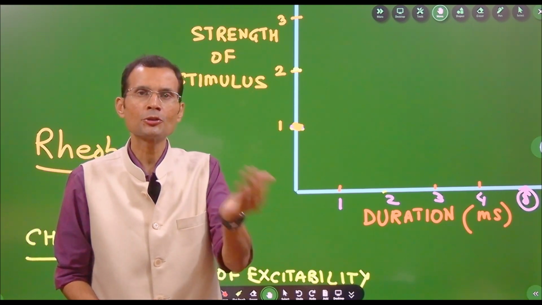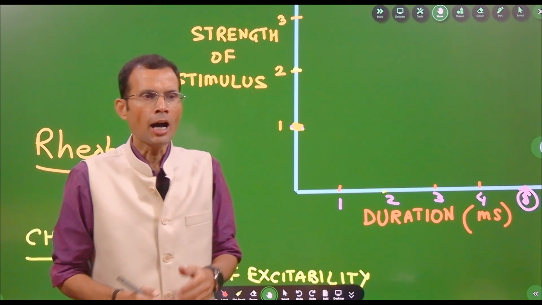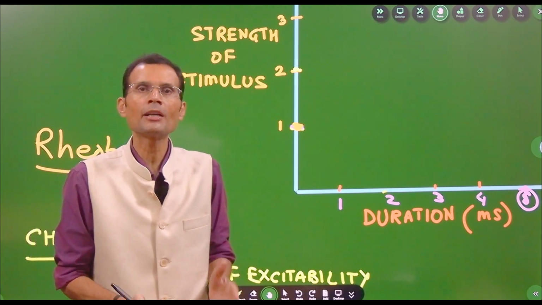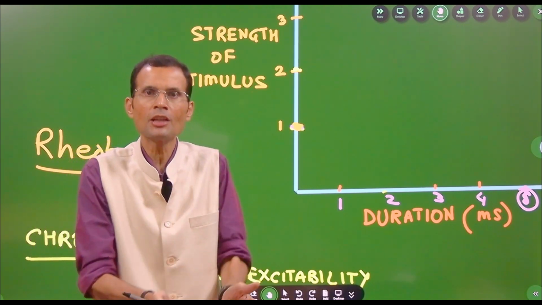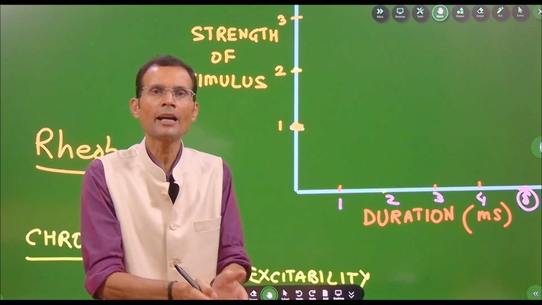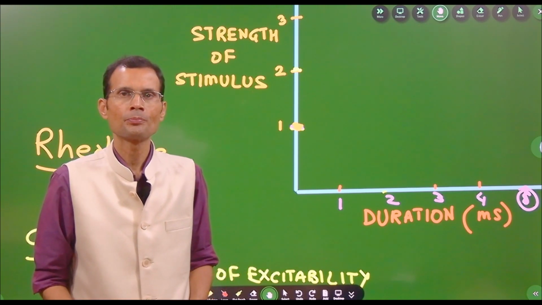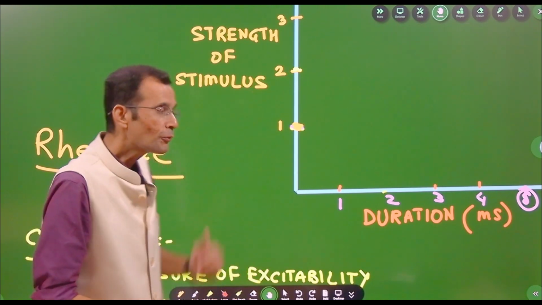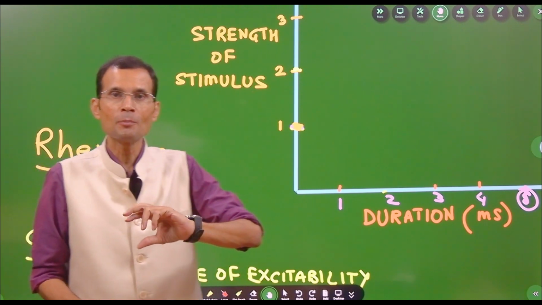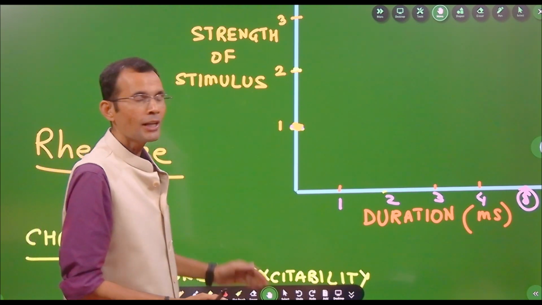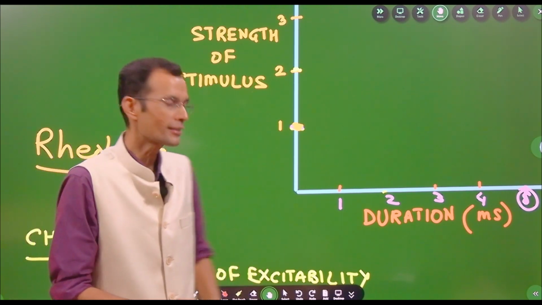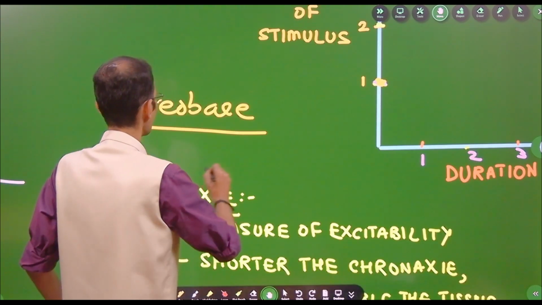And then finally the tissue responded. How do we judge this excitability? I mean, it's very inconvenient that you are applying and then waiting for the tissue to respond. Instead, what we will now modify is, we will apply double the rheobase strength stimulus.